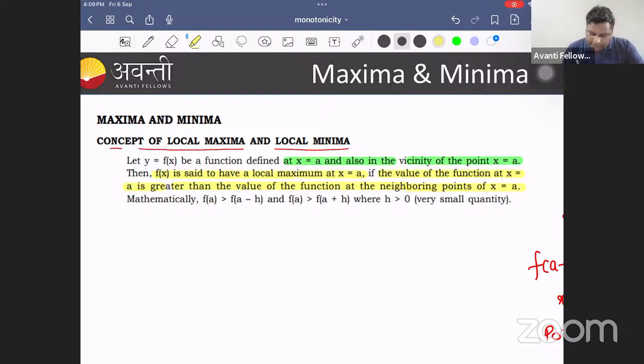Mathematically, f of a is greater than f of a minus h and f of a is greater than f of a plus h, where h is a positive and very small quantity.